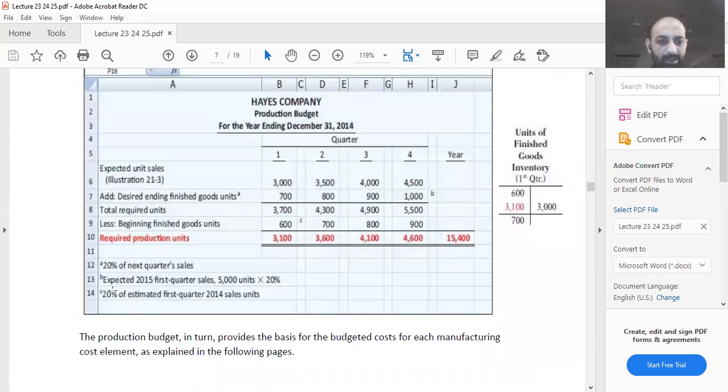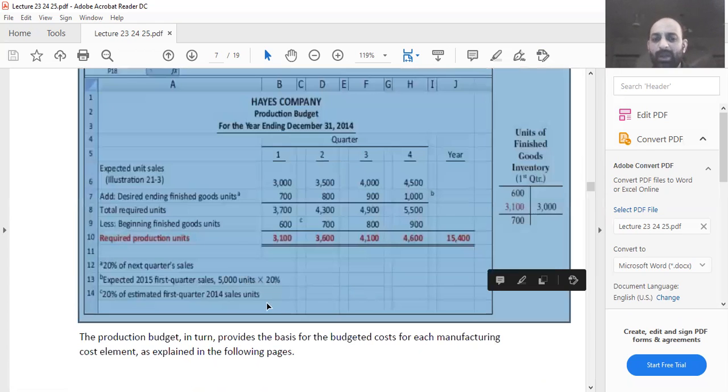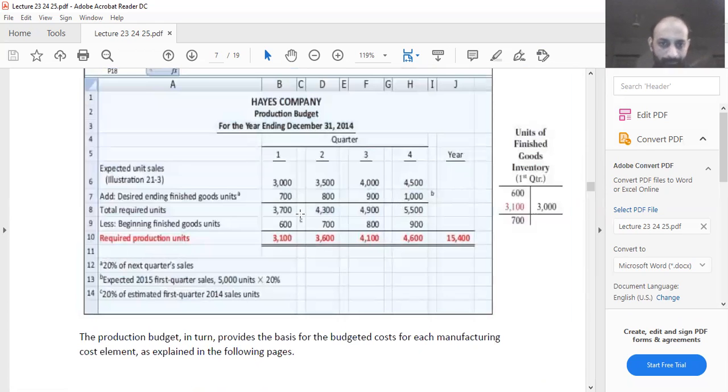अब expected जो आपका B है, which is the desired ending finished goods units for the quarter 4, which is 1000 units. How do you calculate it? It is the expected 2015 first quarter sales, which were estimated to be 5000 units. So uska 20% will give you 1000.